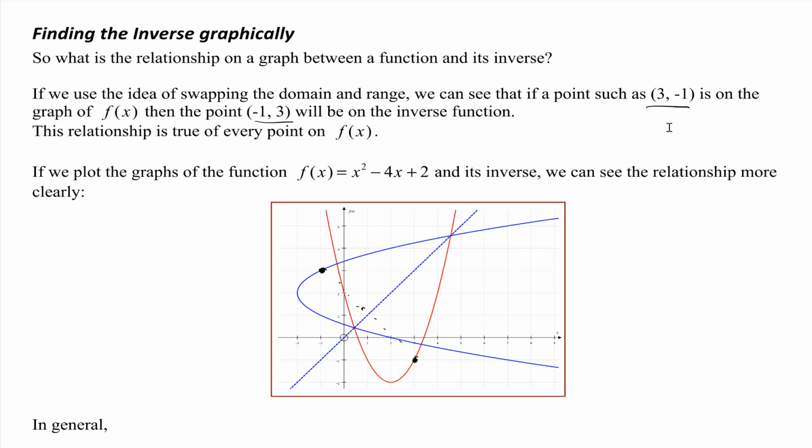So if you take this point here and reflect it over in the line y equals x, you get that point there. If you take this point here, (1, -1), and reflect it over in the inverse function, you get (-1, 1), that one there. So you've got this reflection idea in the line y equals x, or we're just swapping around the x and y coordinates of any point from going from the original to the inverse function.